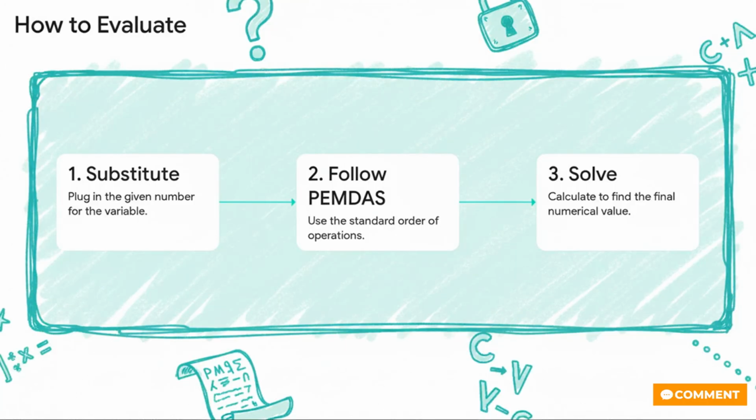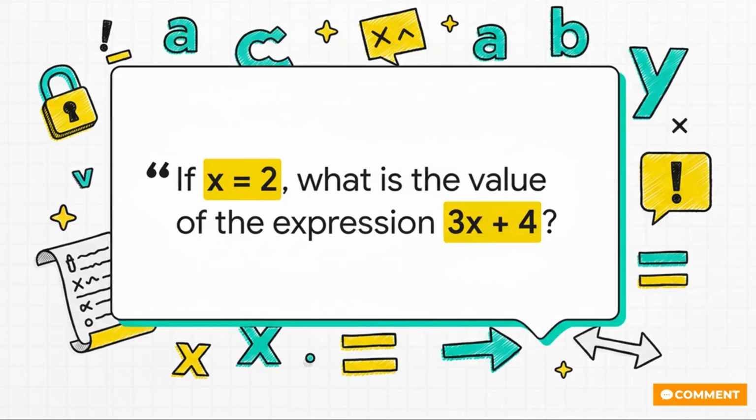Evaluating is also a super straightforward process. The first thing you do is substitute, which is just a fancy word for plugging in the number they give you for the variable. Then you just follow the good old order of operations. You might remember it as PEMDAS to figure out the final answer. Let's see it in action. So let's say we're asked, if x is equal to 2, what's the value of 3x + 4? Okay, that first step is everything.